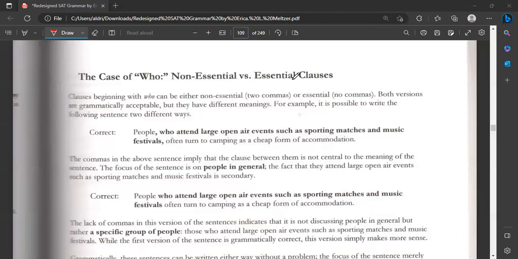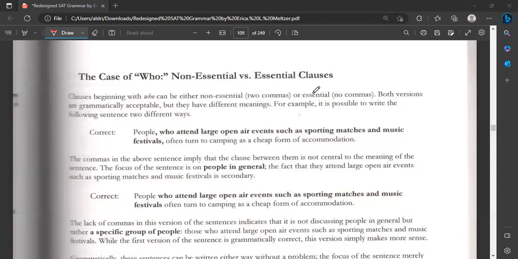The word who, when is it used essentially? When is it used non-essentially? Okay. So remember I said things about non-essential clauses, you have to think about two things. One, is it making sense contextually, in context? And two, is it making sense grammatically, right?